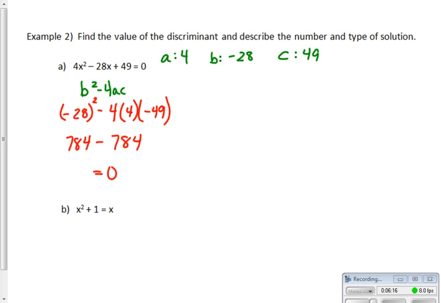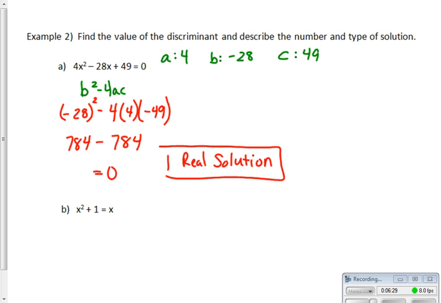If you looked back into your table, when you come up with an answer of 0, that is telling you that you have one real solution. One real solution is telling us that it has one x-intercept. So this parabola, if we were to graph that parabolic function, it would intersect the x-axis in one spot.